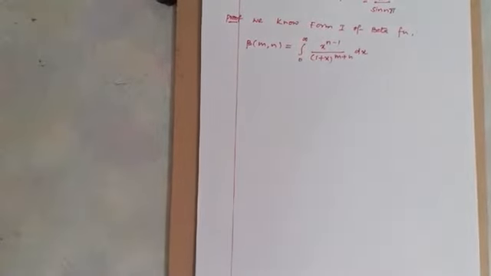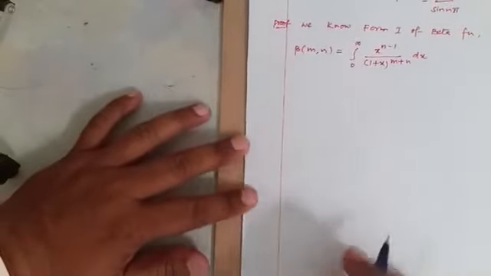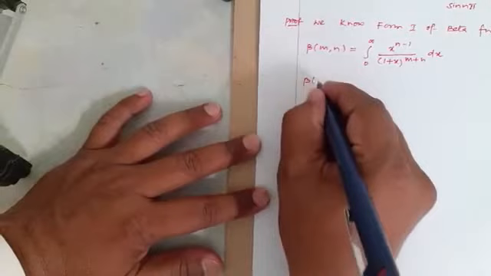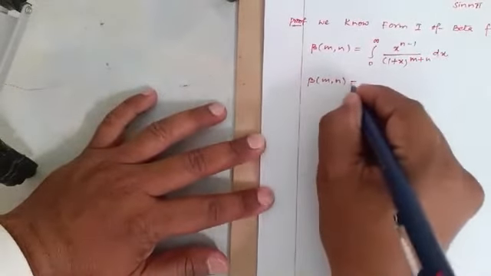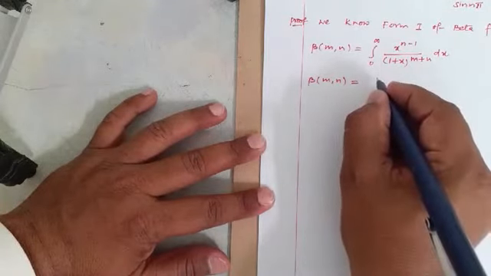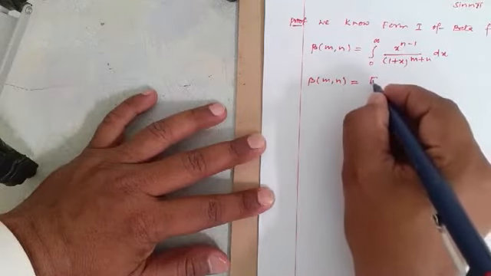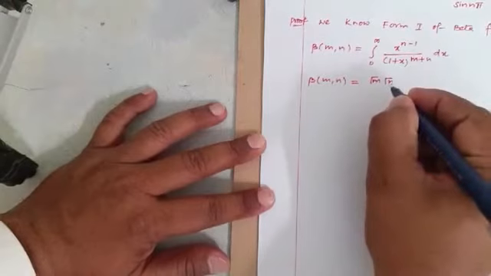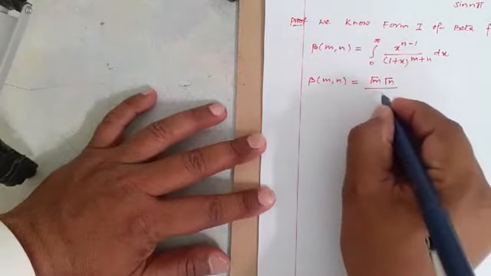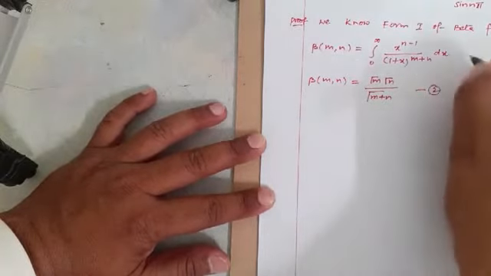So now when you take form 1 as well as the relation between beta and gamma, we can prove this. Beta of m comma n is nothing but gamma m gamma n upon gamma m plus n. Now we take equation 1 and equation 2.